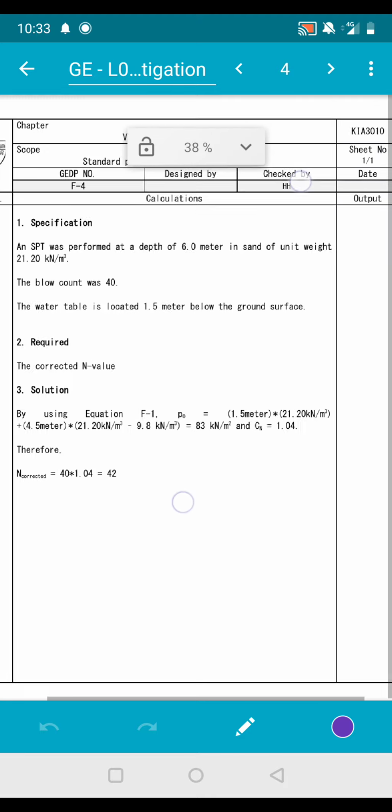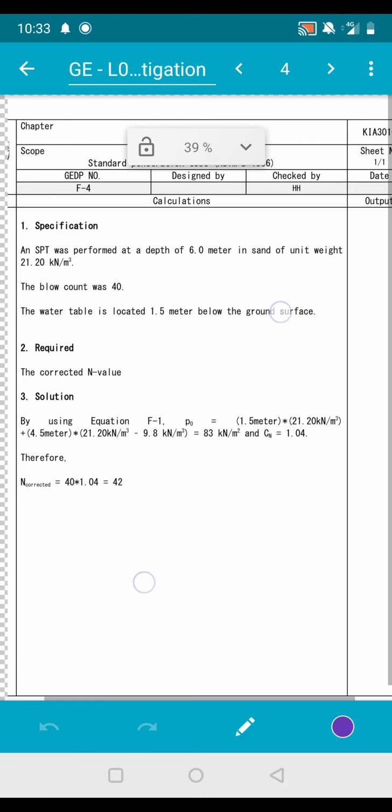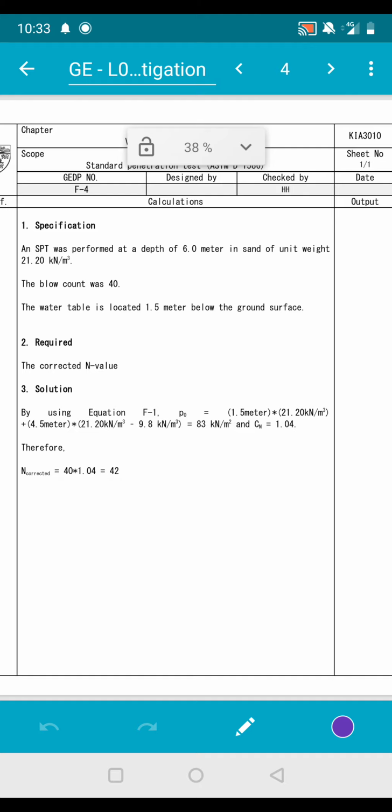Now let's look at the next one. It's the same as the third one. However, there is a water table, which is located 1.5 meter below the ground surface. So required, again the same thing, the corrected N value.